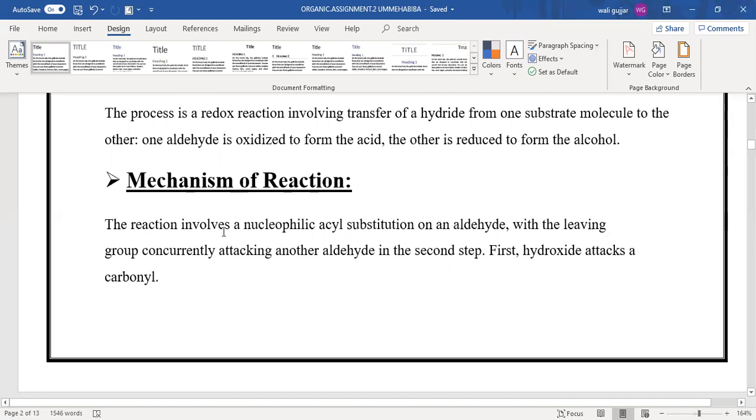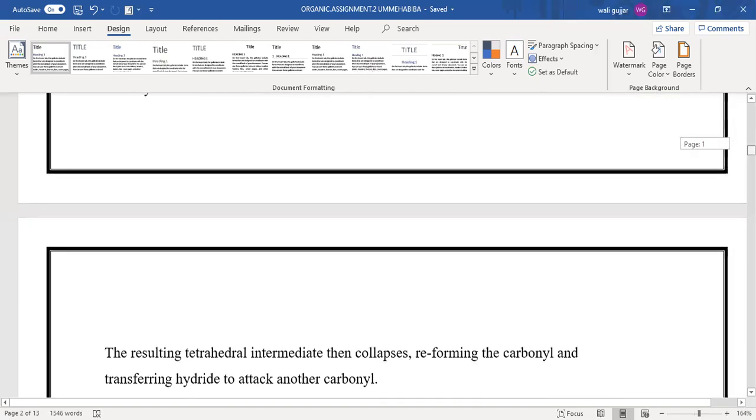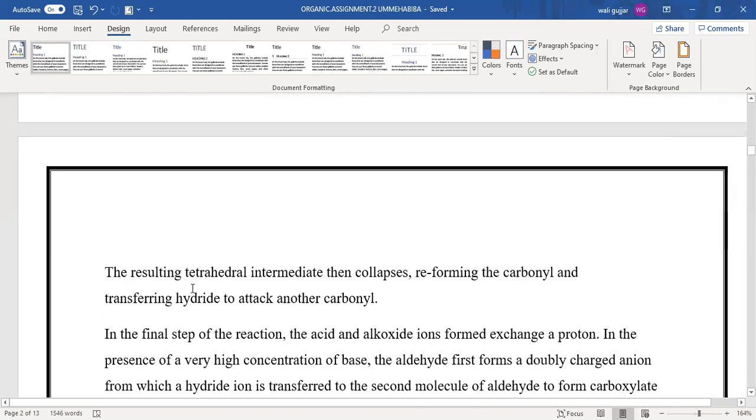The reaction involves a nucleophilic acyl substitution on an aldehyde, with a leaving group subsequently attacking another aldehyde in the second step. First, hydroxide attacks a carbonyl, and in the second step, the resulting tetrahedral intermediate collapses, reforming the carbonyl and transferring hydride to attack another carbonyl.